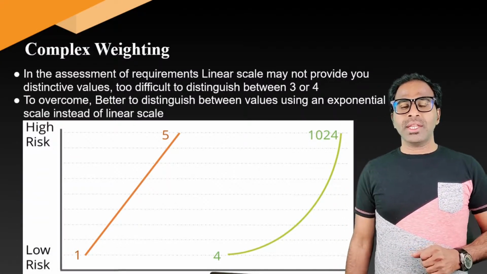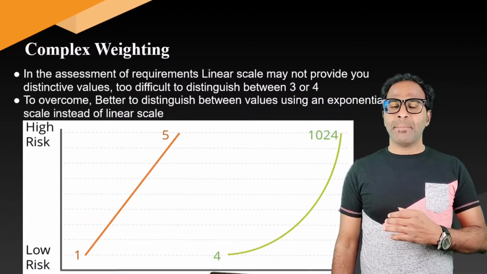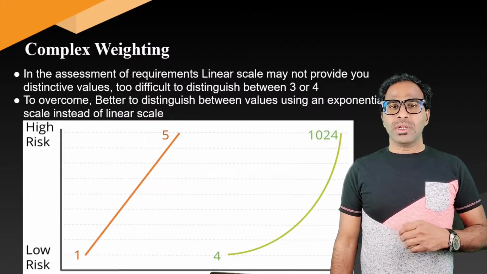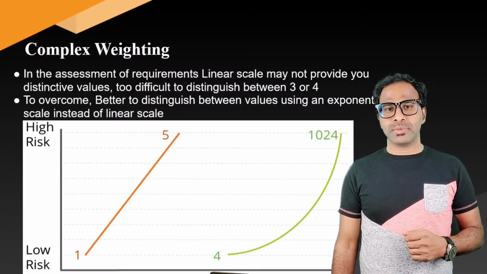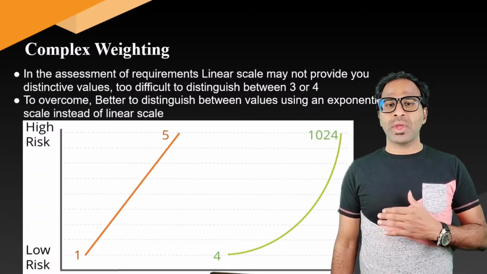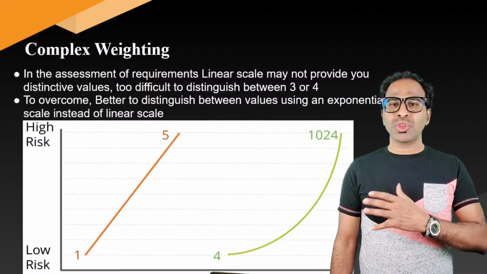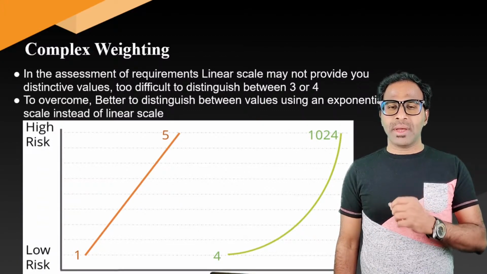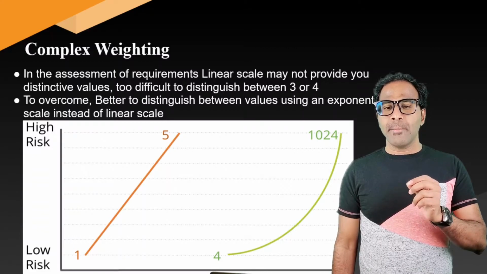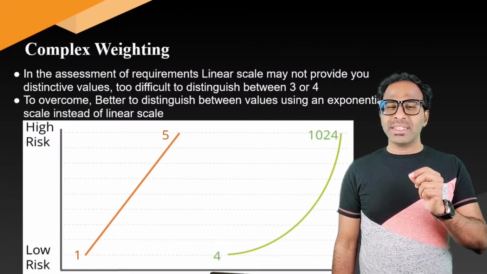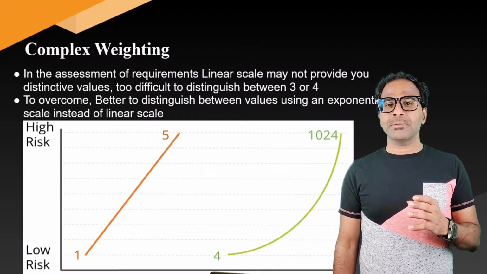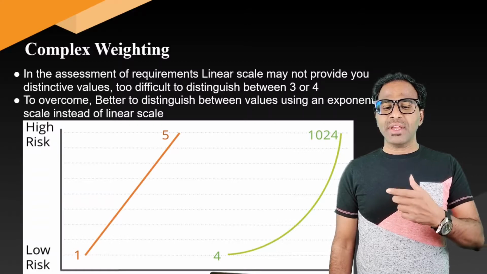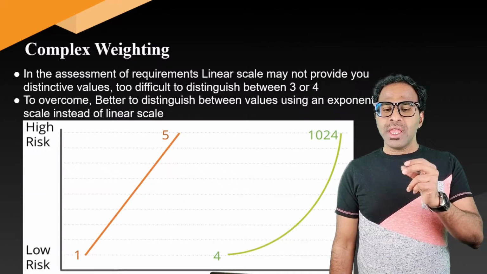So you all understand how to perform basic weighting by using Tosca tool. Now let's talk about complex weighting. Why do we require complex weighting and basic weighting, these both concepts? Tosca believes that in the assessment of requirements, a linear scale may not provide you the distinctive values. That means if you are using the linear scale of 1 to 5, it is very difficult to distinguish between each value.